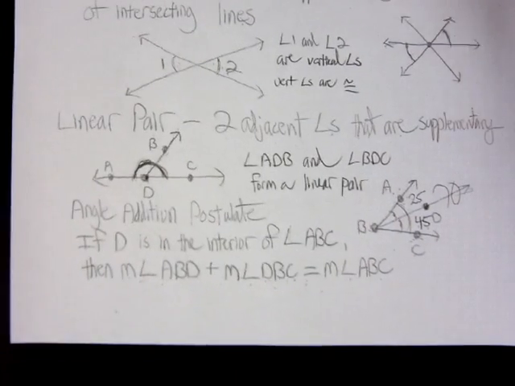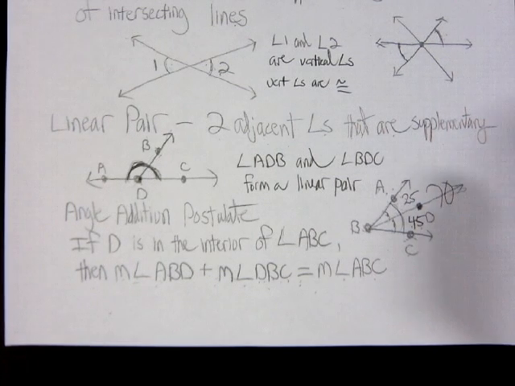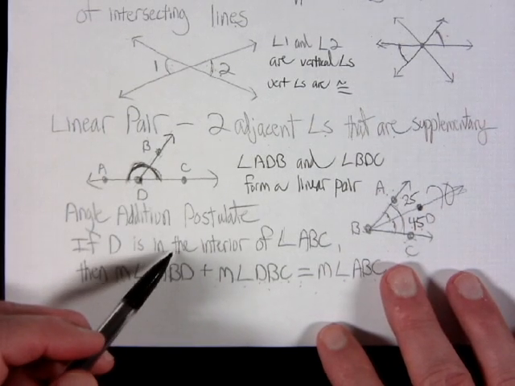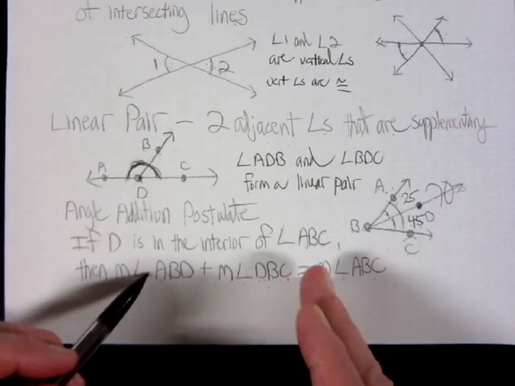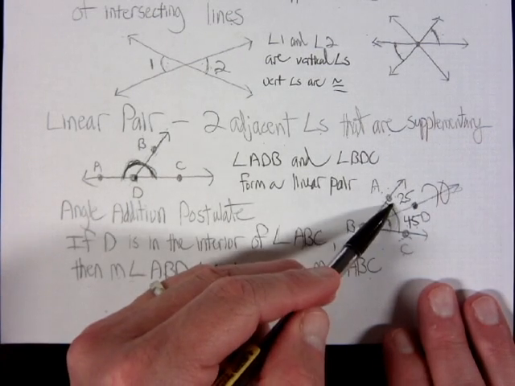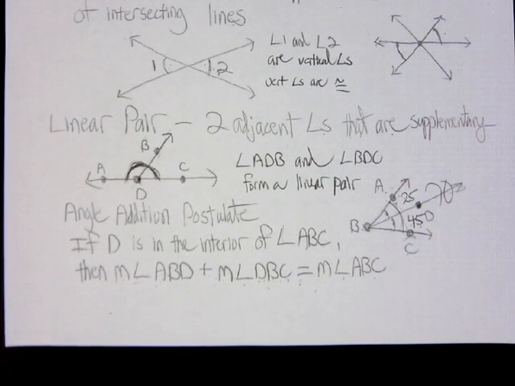So the angle addition postulate is just like the segment addition postulate, except it's for angles. The segment addition postulate says a segment is the sum of its pieces, and this one says that this big angle is the sum of its pieces. Very similar in what it says.